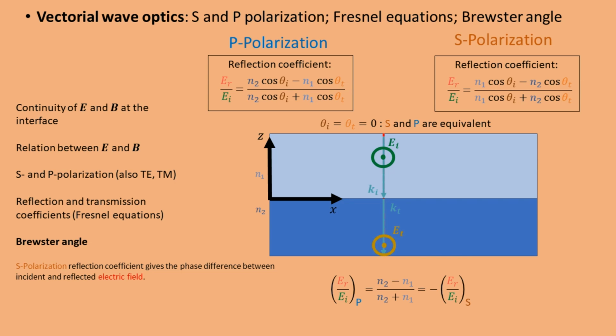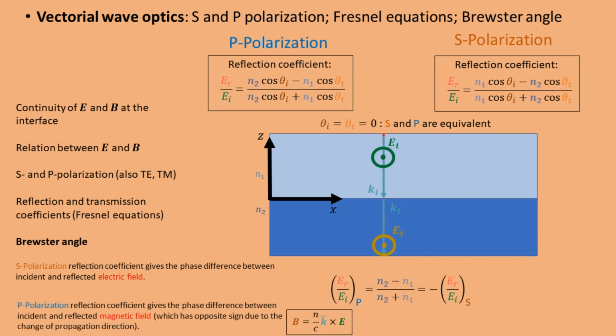However, when deriving the reflection coefficient for P-polarization, we started with the continuity equations in terms of the magnetic field amplitudes, so the sign of the P-polarization reflection coefficient indicates the phase shift of the magnetic field. If the electric field undergoes no phase shift, then the magnetic field gets a minus sign, so a pi phase shift, because the sign of k hat changes after reflection. Conversely, if the electric field does get a pi phase shift, then the magnetic field does not.